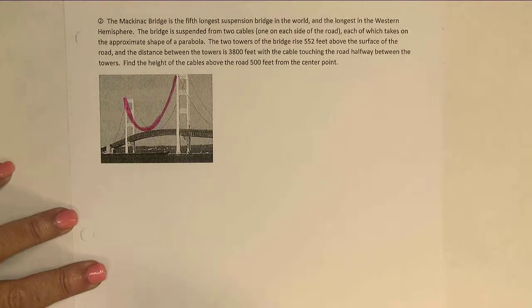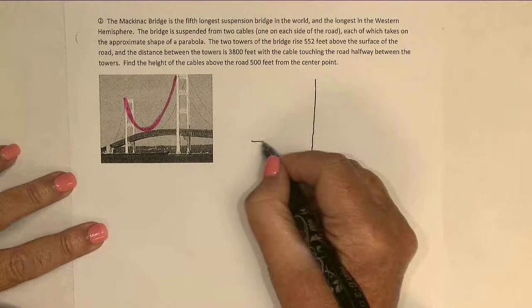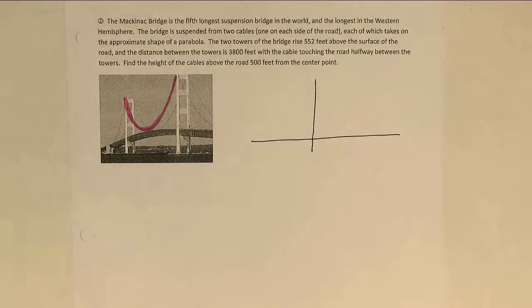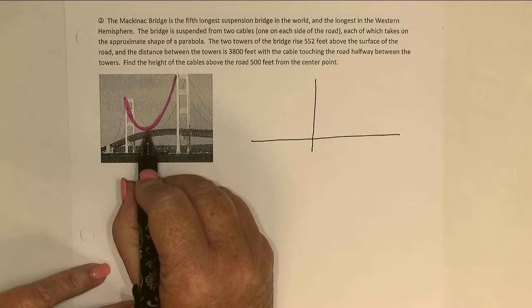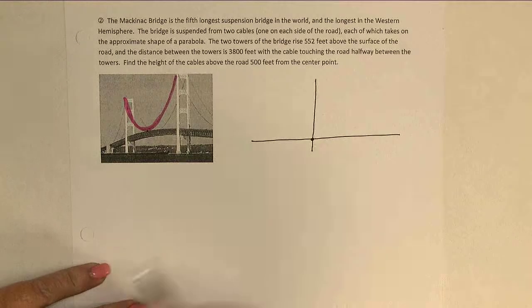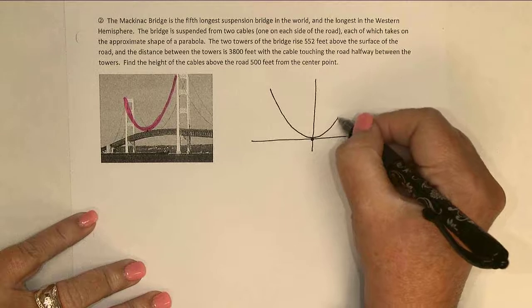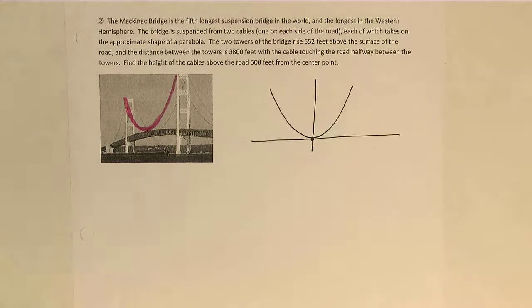So I'm going to go ahead and make this problem a pure math problem, take out the bridge itself, and I'm going to say the vertex of the parabola, I'm going to put that right at the origin here, and then my parabola comes out on either side. All right, what do we know about this parabola?